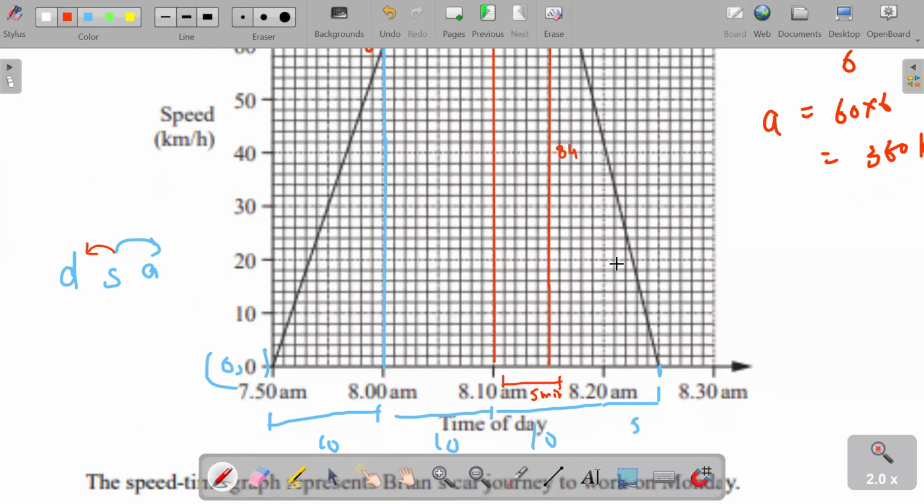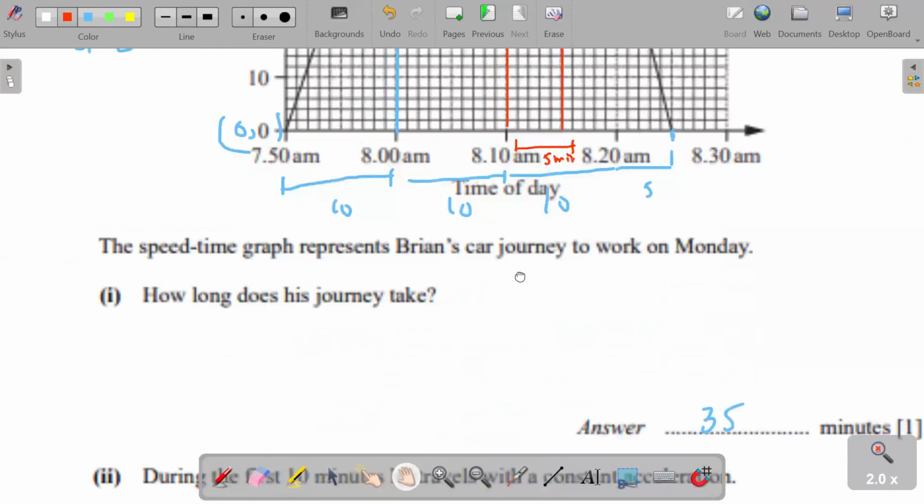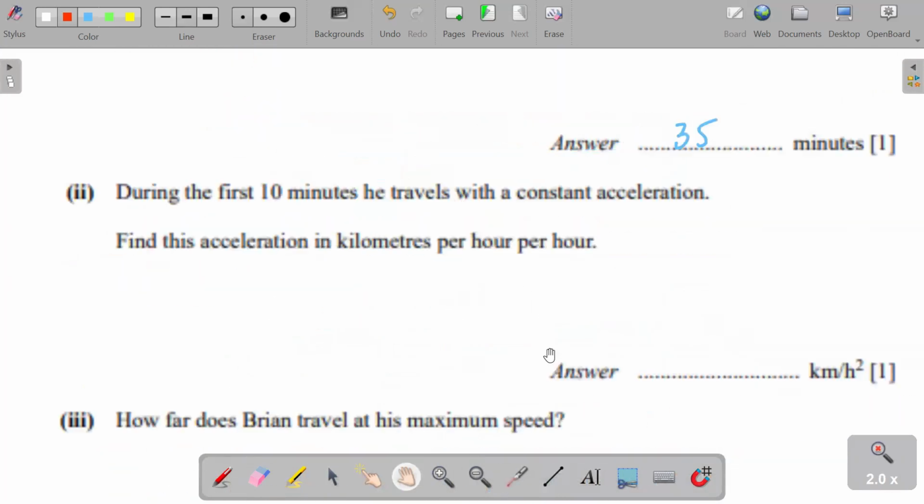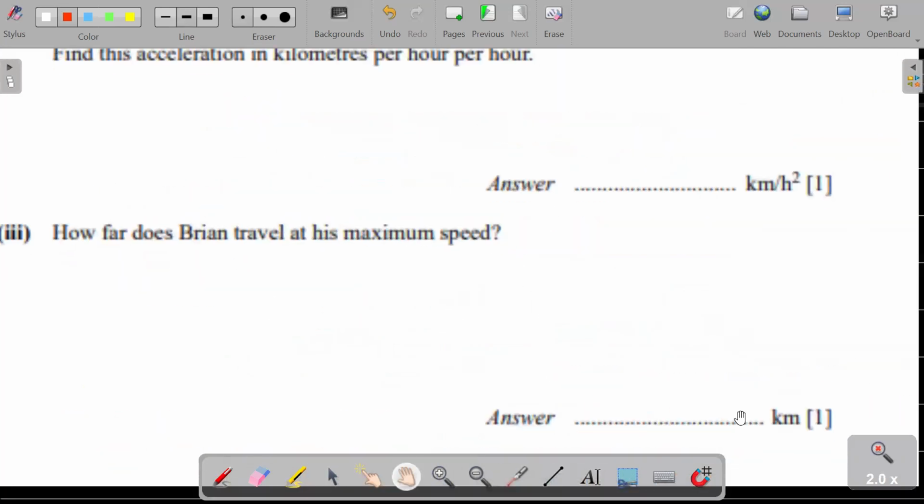I have to take the area under the curve. We need to calculate how far in kilometers. According to the DSA rule, my distance will be speed times time. Time is 5 minutes, so let's convert it to 5 by 60 hours. So let's simplify. It will be 7 kilometers. That is our answer.